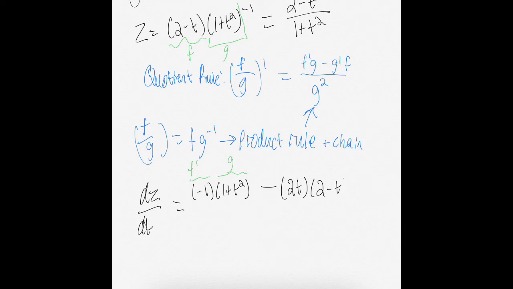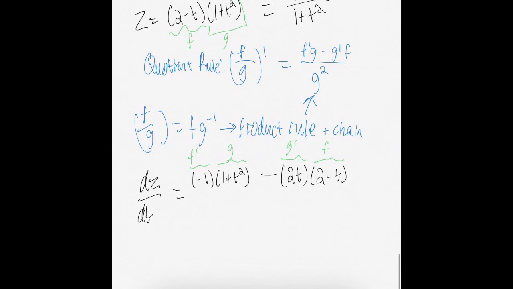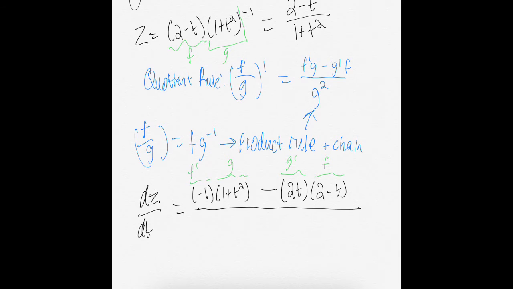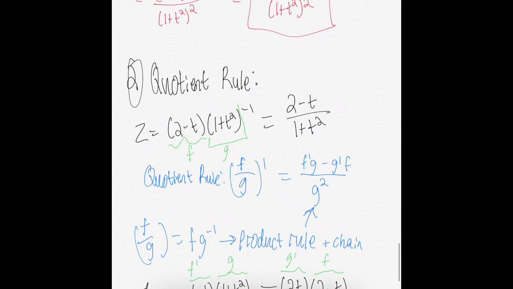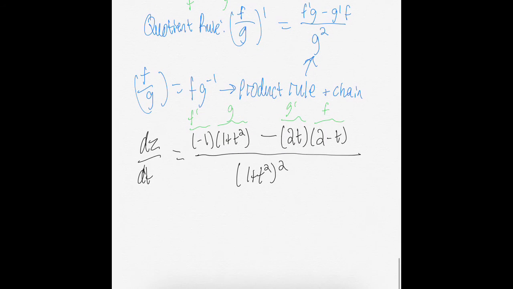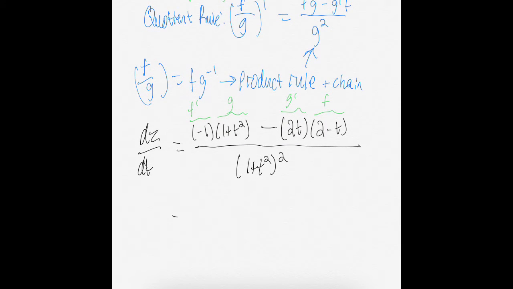So that's 2t. And then I multiply it by f, which is 2 minus t. Okay, so here I have g prime. And here I have f. And in my denominator is g squared. And g is 1 plus t squared. 1 plus t squared squared.